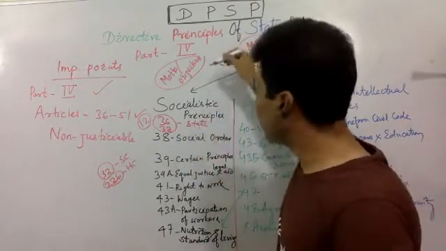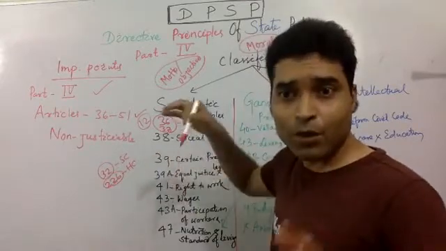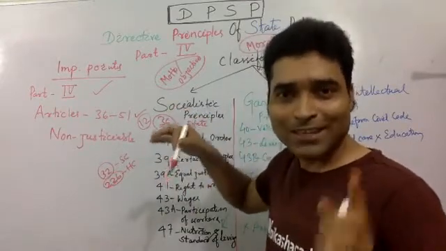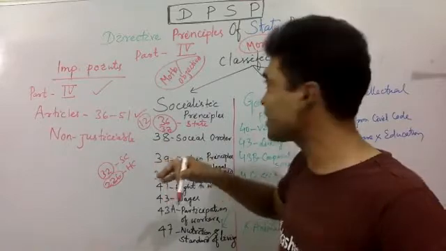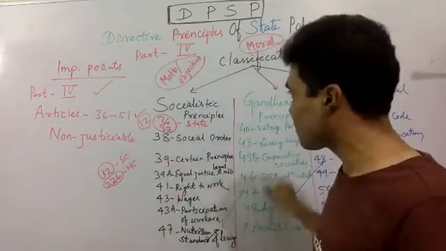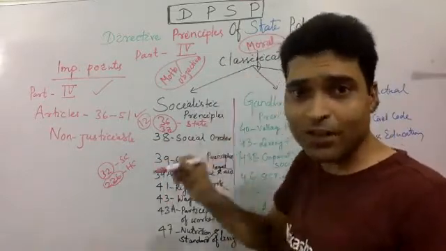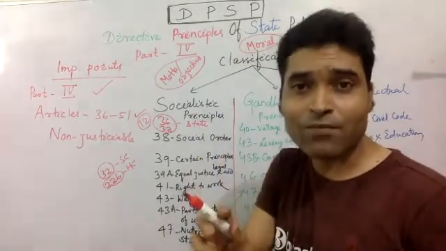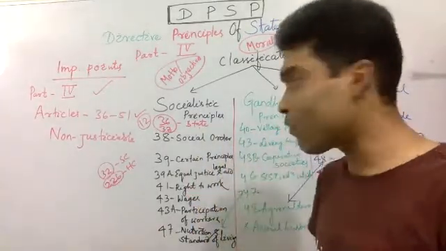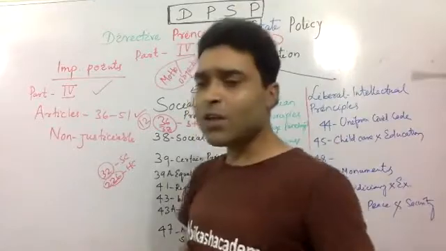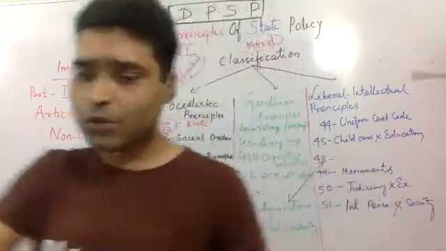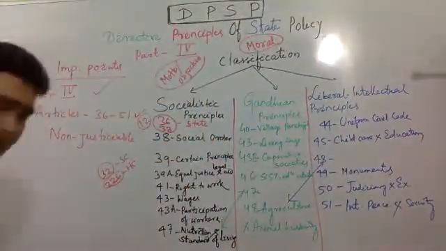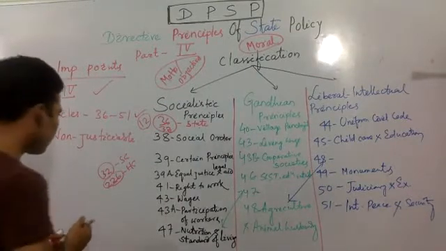So while the government formulates policies, bureaucrats, policy makers and decision makers will keep all these types of directives which are mentioned in the Constitution for the welfare of India. Right? I hope this is clear. Now we'll talk about the source of DPSP.